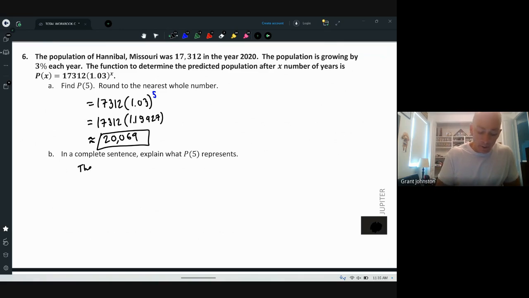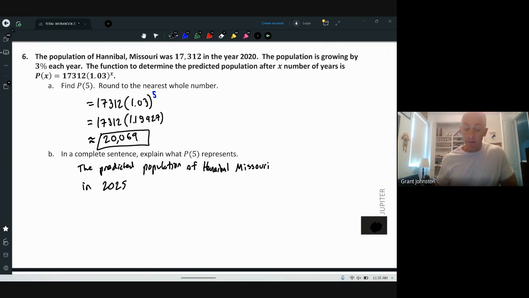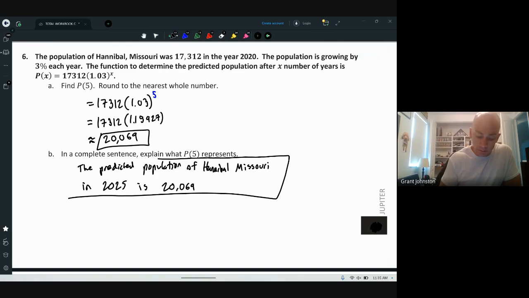So I would say the predicted population of Hannibal, Missouri in 2025, because remember, X represents the number of years beyond 2020, predicted is 20,069. Okay. So I'll let you do the rest.